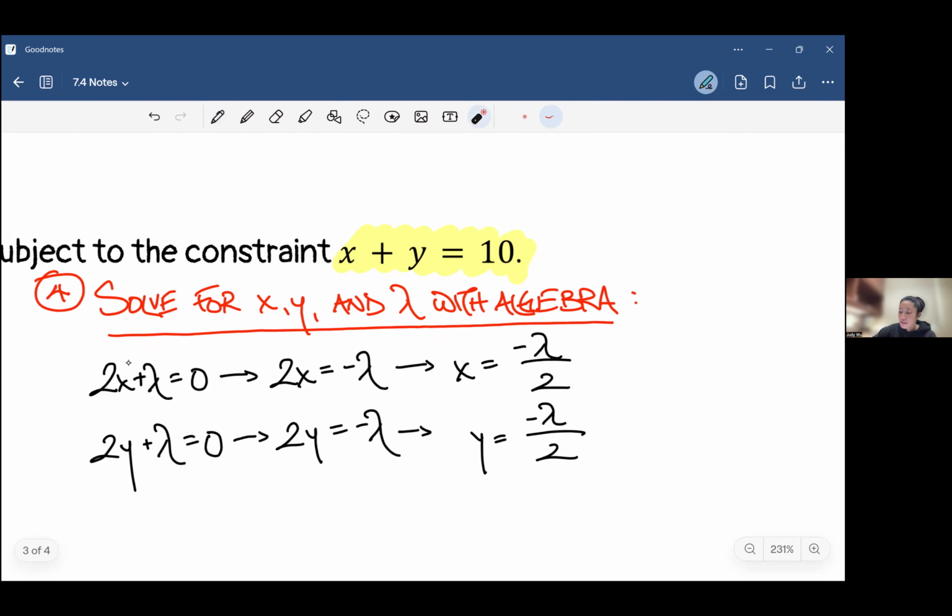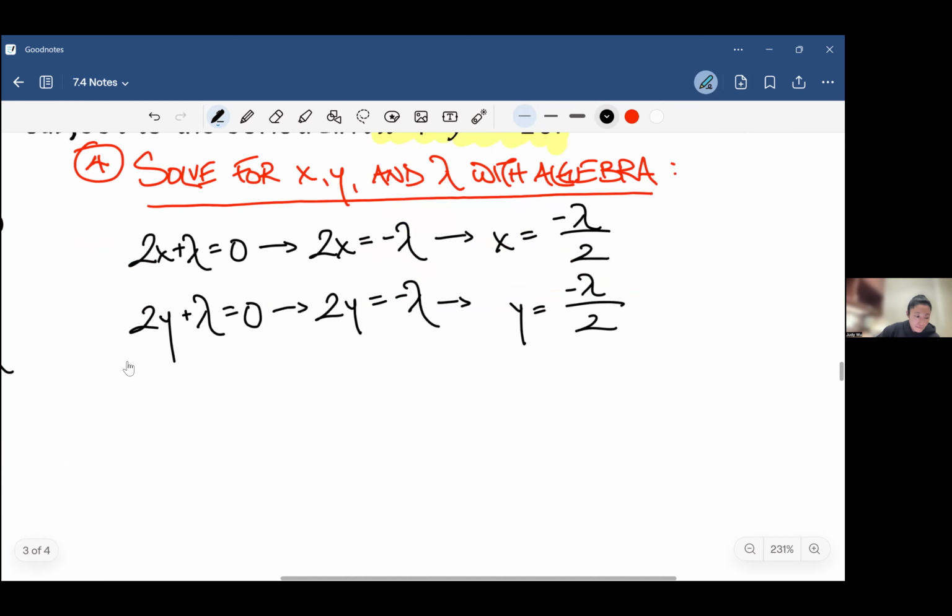Now, what this means is everywhere I see an x, I can replace it with negative lambda over 2, and everywhere I see a y, I can replace that with negative lambda over 2. Okay? So let me grab my f lambda equation: x plus y minus 10 equals 0.